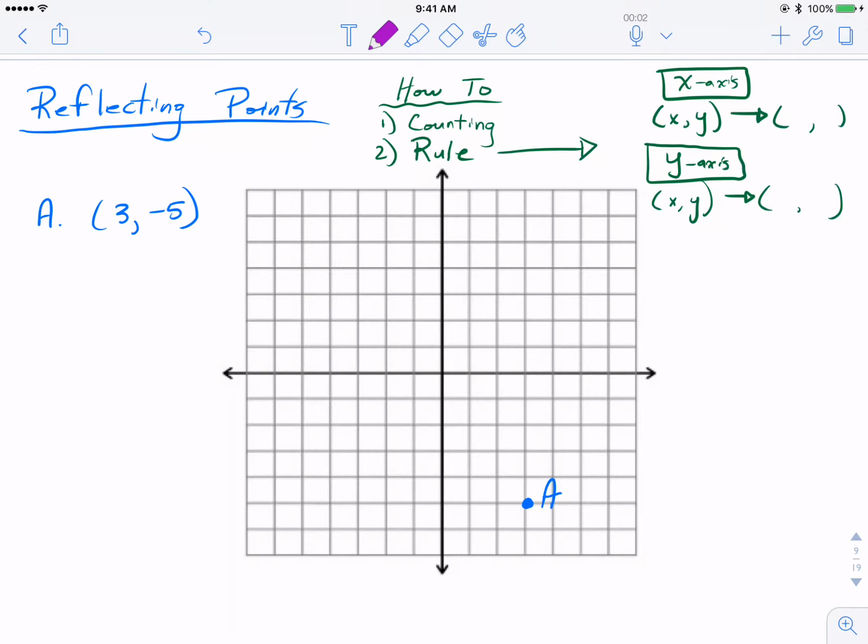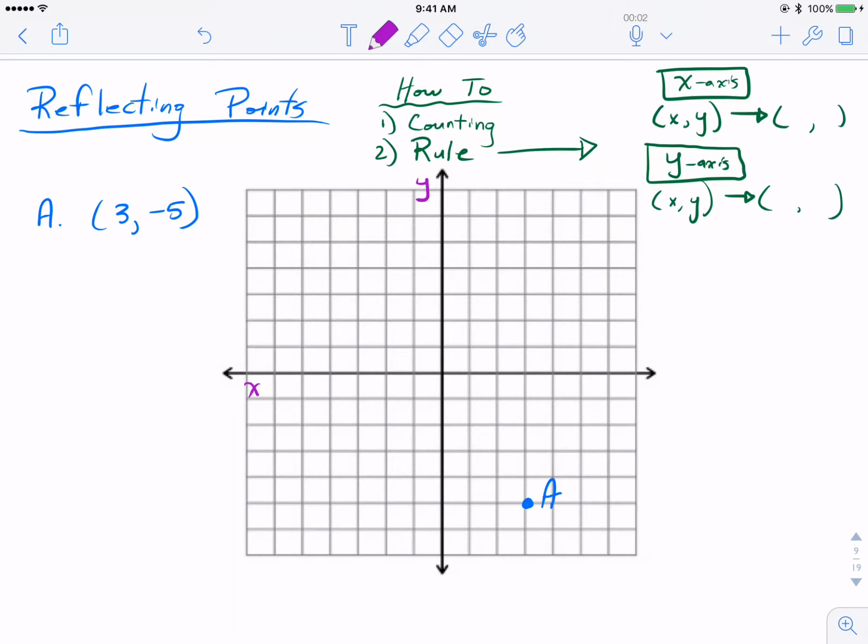The first, and the more basic of the two, would be just a counting principle, where if we're reflecting over either the x or y axis, you count how far away you are from that axis, and then simply count off the same distance in the opposite direction.